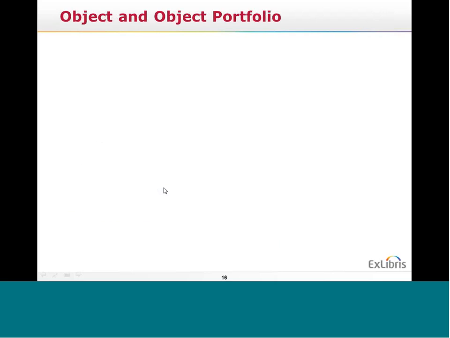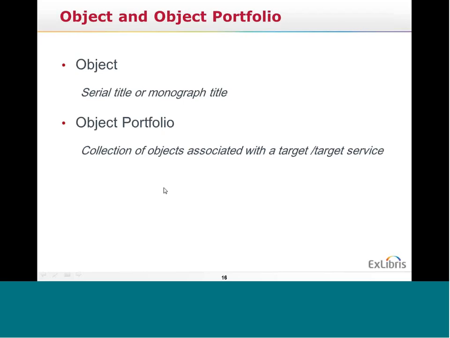And our last few pieces of terminology here, an object in SFX is a serial title or a monograph title. While your users might be searching for a specific article within a journal, SFX defines the object at the serial or monographic level. And along with object is object portfolio.